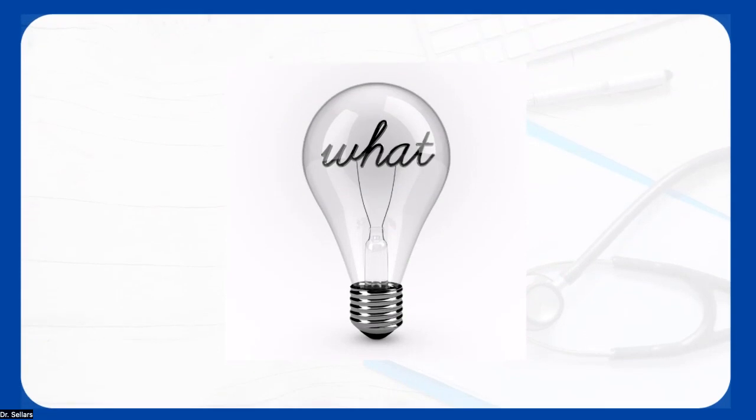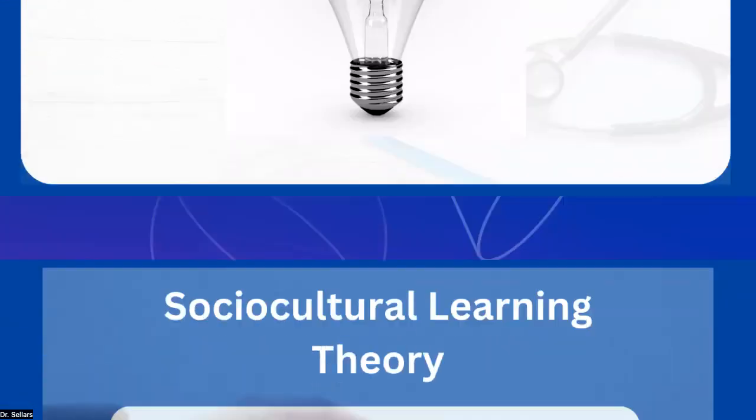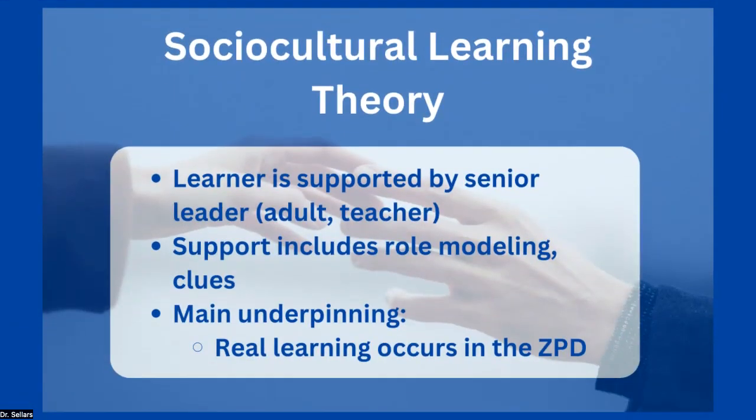So the next focus for our content is the what. So what is this theory all about? What does it mean? Why is it important? There are 3 key areas that we want you to focus on as you study to close your knowledge gap. First is that the learner is supported by a senior leader, whether that's an adult or a teacher. It is someone that has a high level of knowledge related to this.